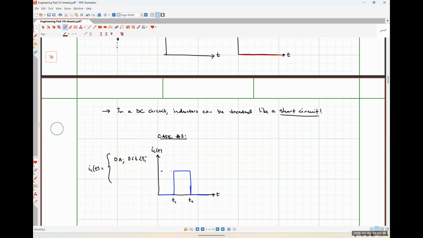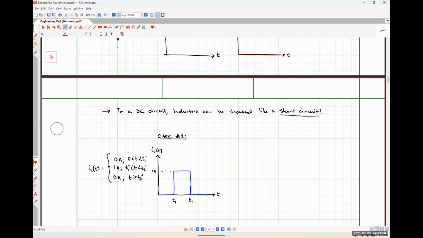Then if I give this a value of, let's say, 1 amp, it would be 1 amp from T1 plus, so that's just approaching T1 from the right, is less than T is less than T2 minus, and then we would have 0 amps again for T greater than T2 plus.